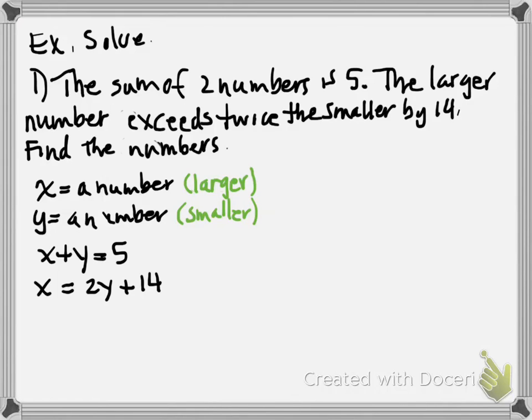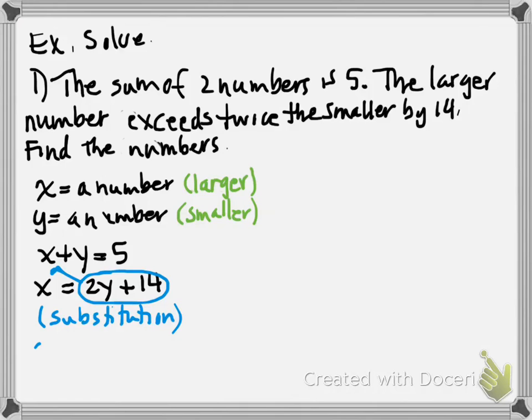All right, so looking at our system, which of our strategies would be best to use in this particular problem? What's it set up for? Anybody? Substitution. Totally set up for substitution. So I'm going to take the expression that represents x and substitute it into the equation for x.